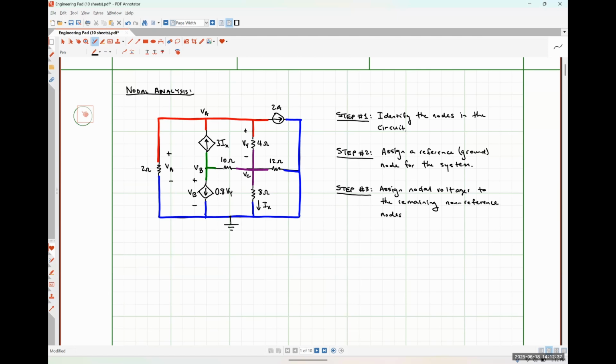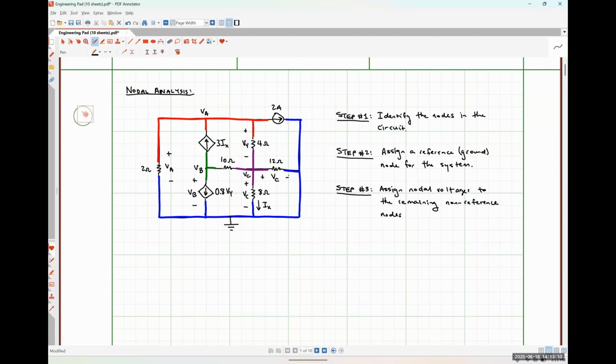The negative polarity terminal is always, always, always at ground. So VC could be thought of as the voltage drop across the 8 ohm resistor or the voltage drop across the 12 ohm resistor, and that should make sense because the 8 ohm resistor and the 12 ohm resistor are in parallel, meaning we can easily see that they share the purple node and they share the blue node.